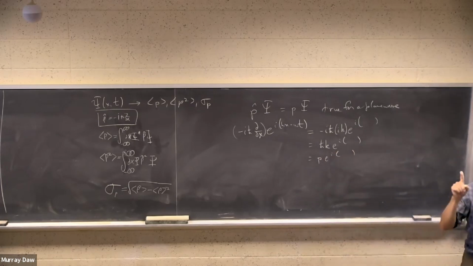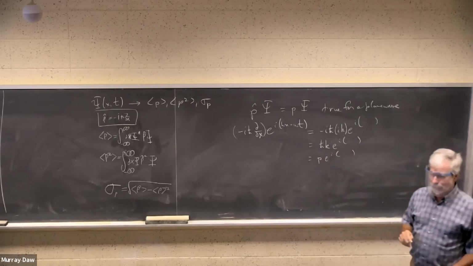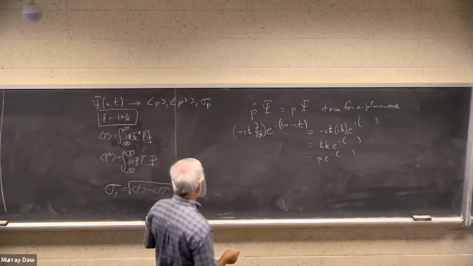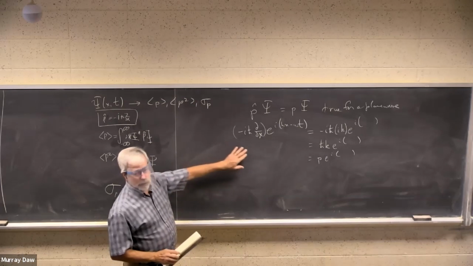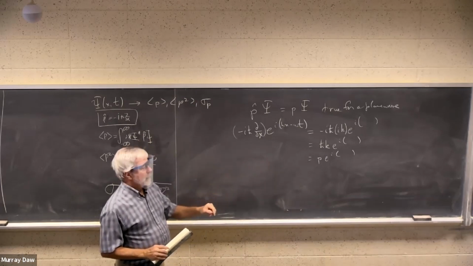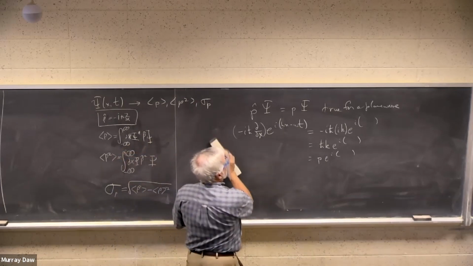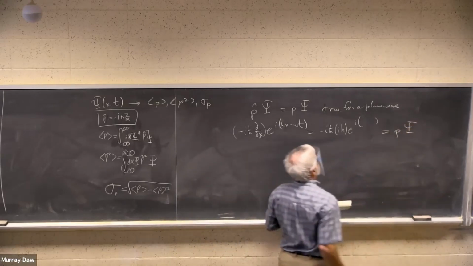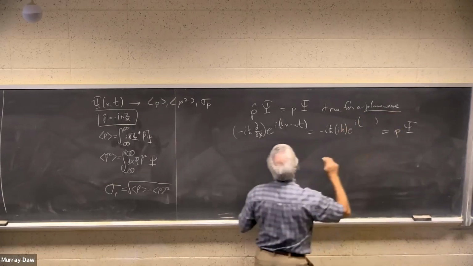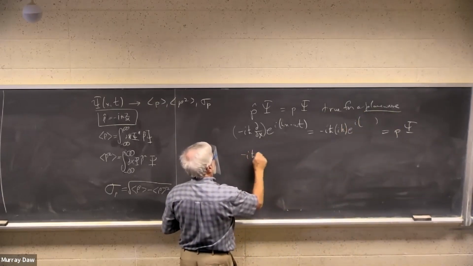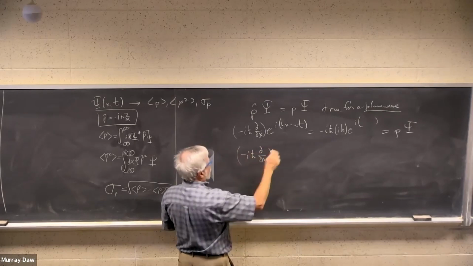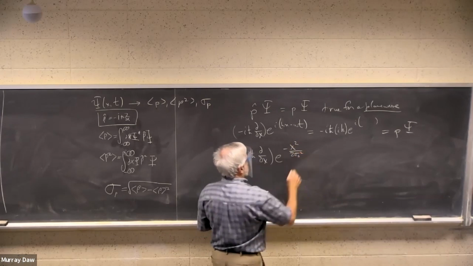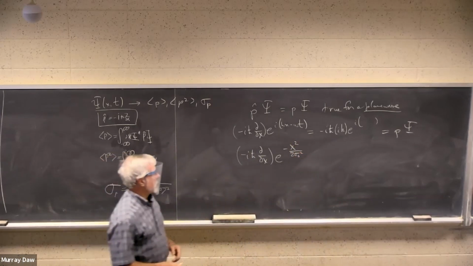That's true, but that's the only case where it's true. Let's take a Gaussian, for example. Let's go back to the Gaussian wave function. So p times psi is true for a plane wave. But for the Gaussian, we have all kinds of constants, but the main thing is the part that depends on x.